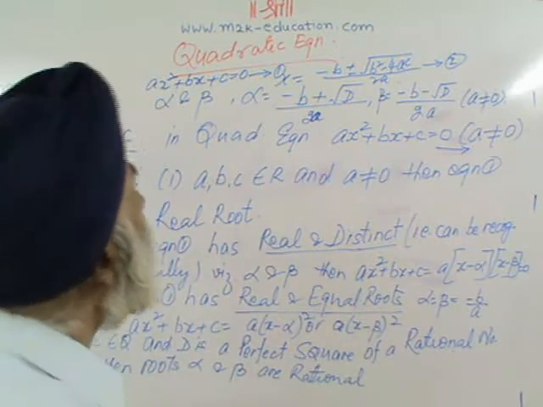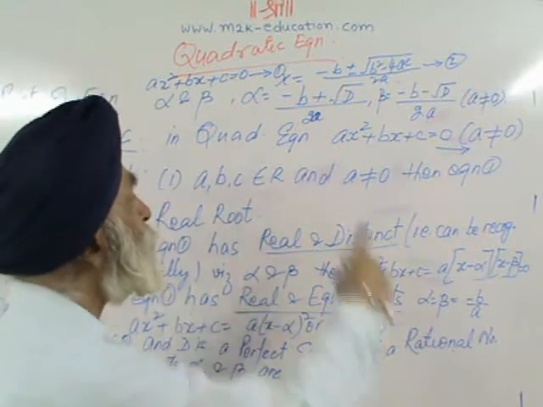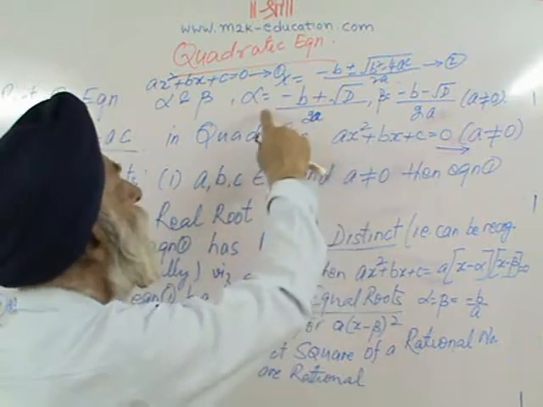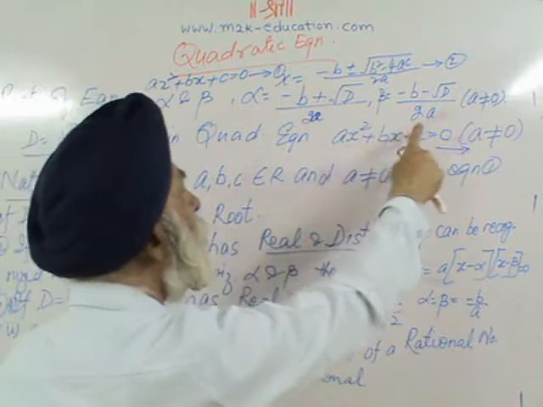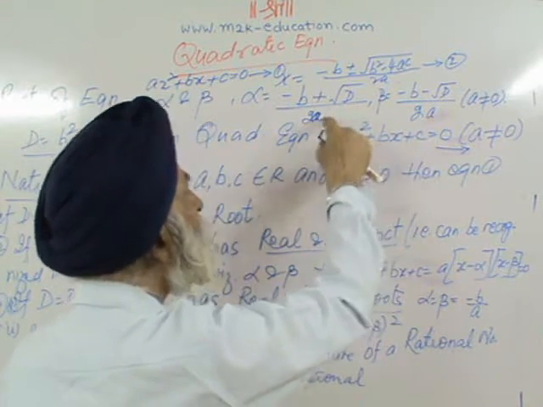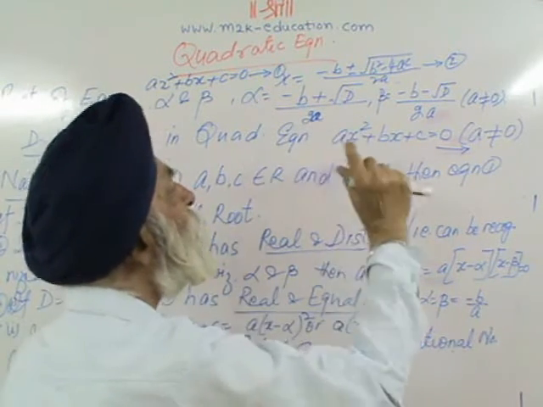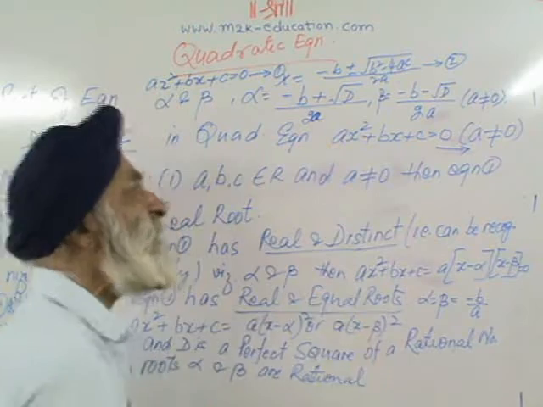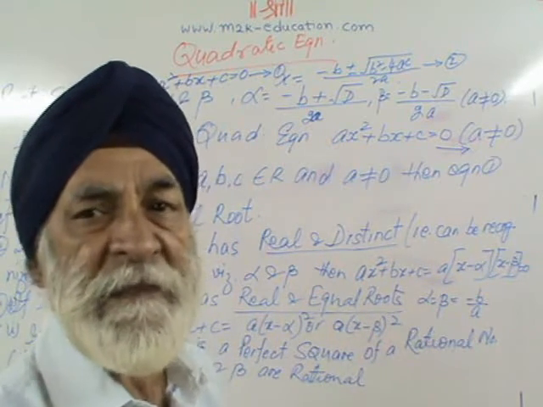You will definitely ask me why a is not equal to 0. Because in these two, alpha and beta, if a is equal to 0, then these will be indeterminate or infinity. So you won't be able to find a value which can be counted, a finite value.